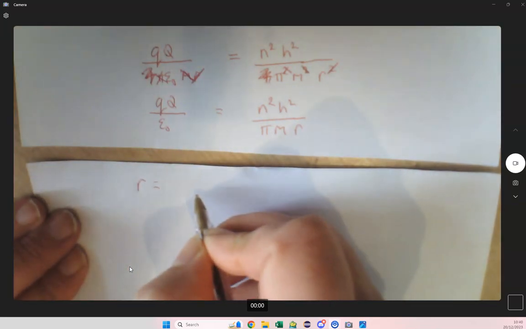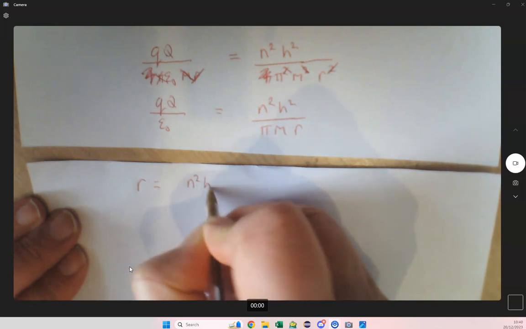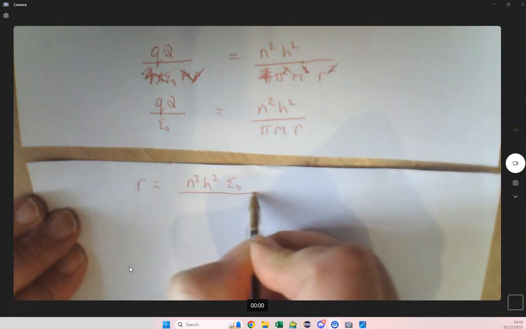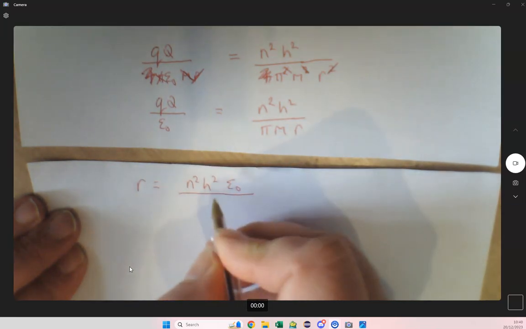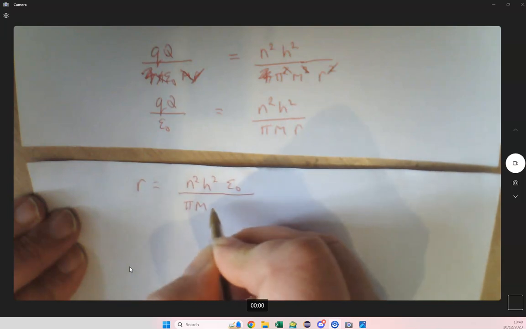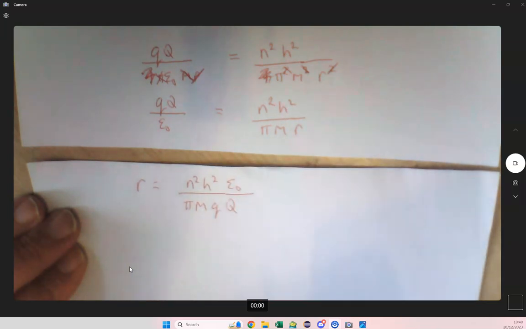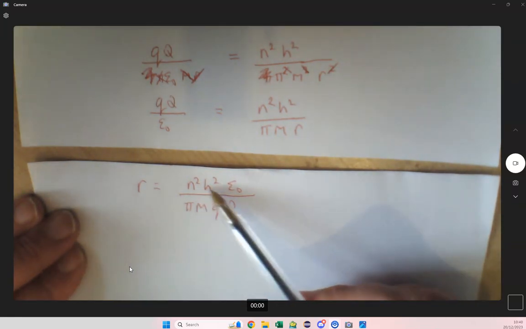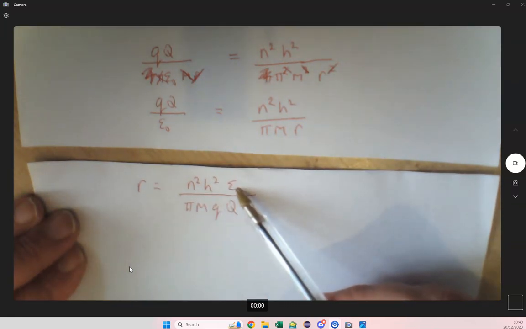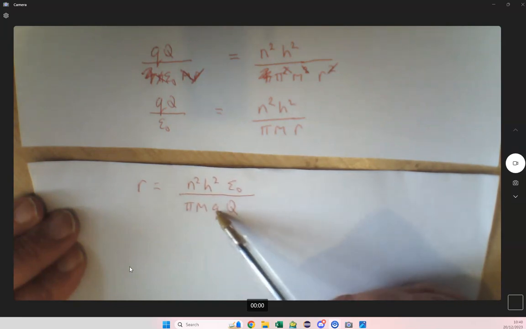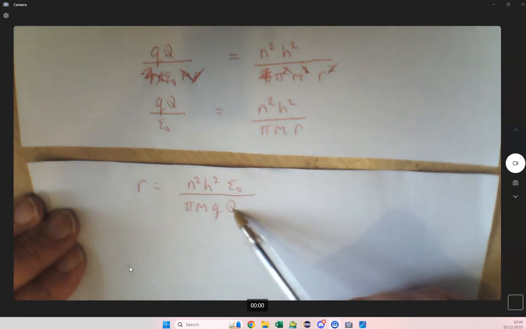So if I rearrange this, I'm going to get r is equal to n squared h squared e naught divided by pi m qq. So we've actually got a constant, pi, and the mass of the electron, the charge on the electron, the charge on the nucleus.